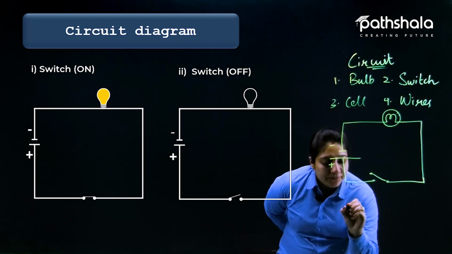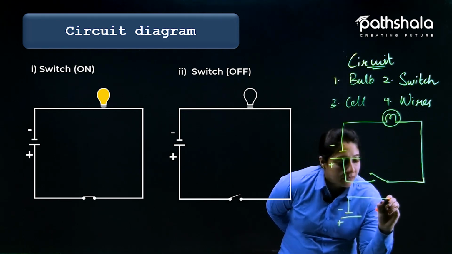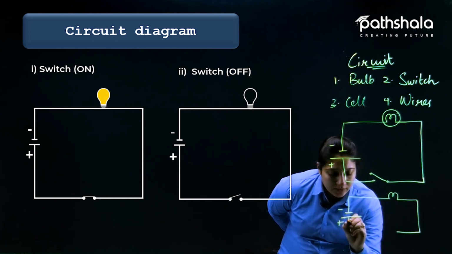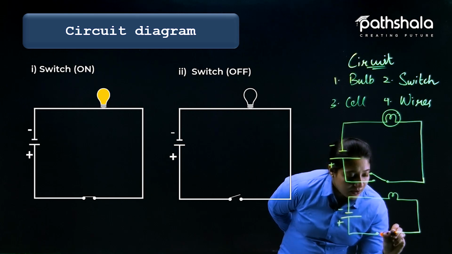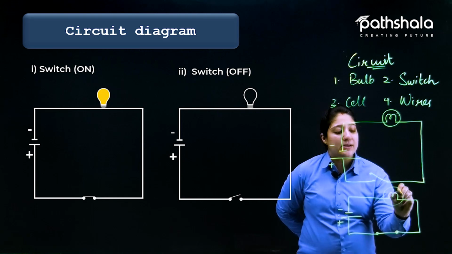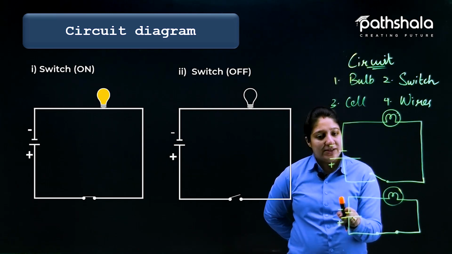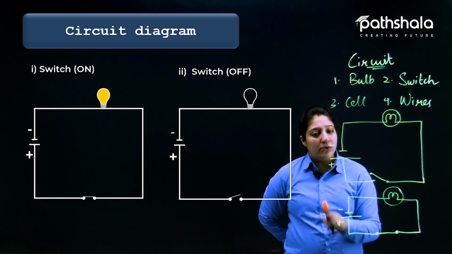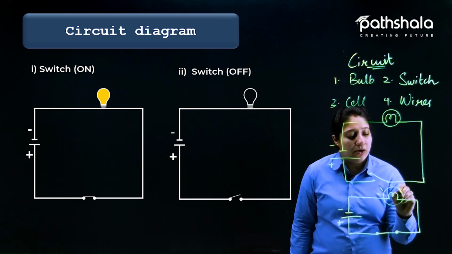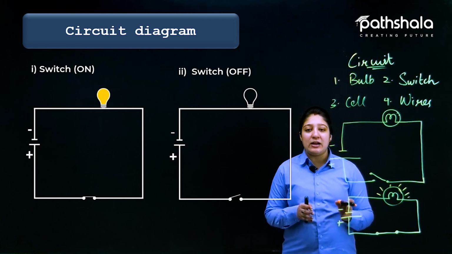But when the switch is on, what will happen to the bulb? As the positive terminal is connected to the negative terminal of the cell, there will be a flow of charges and hence the bulb will start to glow. So this is your closed circuit. So that is how the circuit diagrams are made.